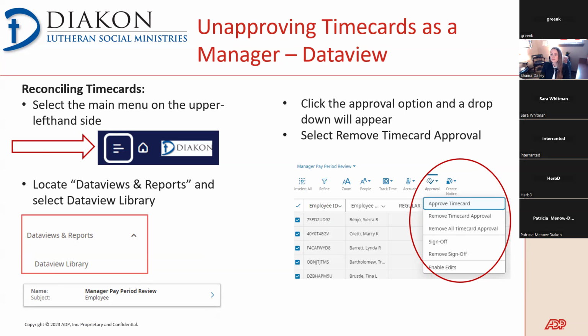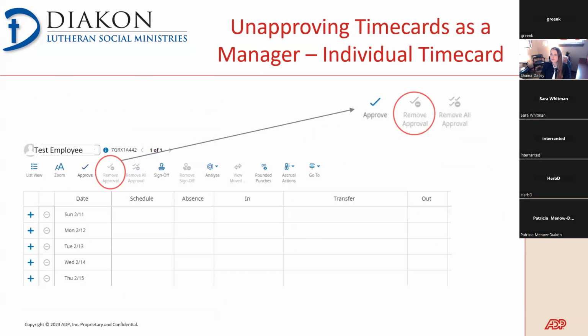It'll give you the options to approve or unapprove. In this case, you can do either function here. You can do that from the time card of the employee, or you can do that right here from this Genie tool. Again, it can be for all of them, or you can just select specific ones that you're satisfied with and you want to proceed with. And removing approval works the same way.